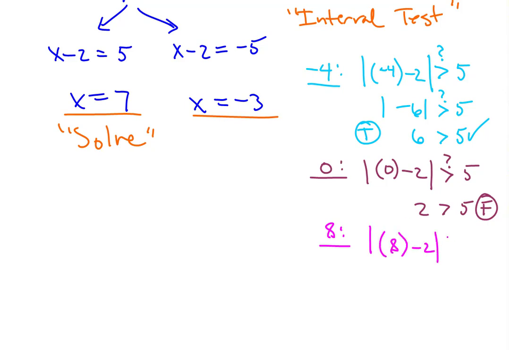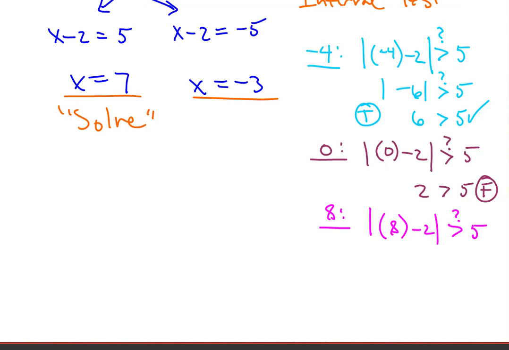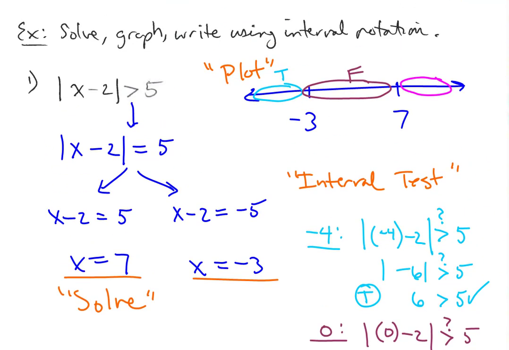We're plugging 8 in for x in the original. We're wondering, is that greater than 5? Well, 8 minus 2 happens to be 6, and the absolute value of 6 is 6. So is 6 greater than 5? Yes, actually it is. So we'll call that true, which means we can go back up and label that interval to be true as well.